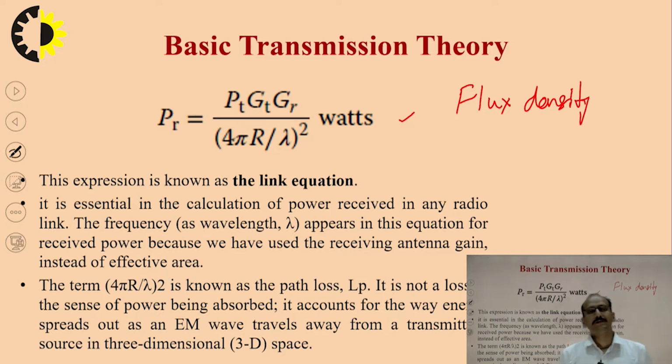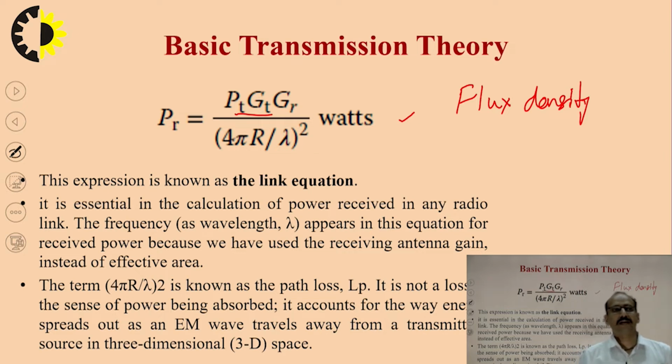A source is located in space at the satellite, which gives us the radiated power in the form of EIRP, which is denoted by PT GT in this equation.